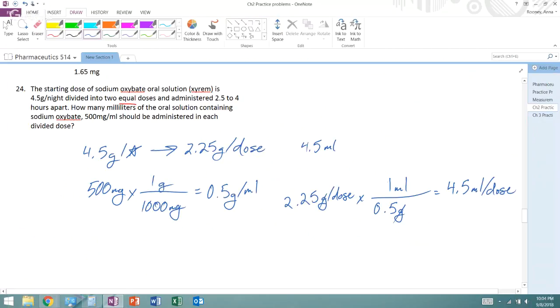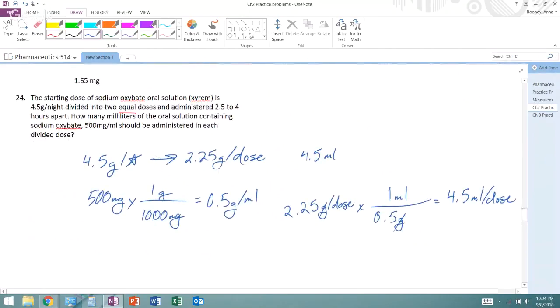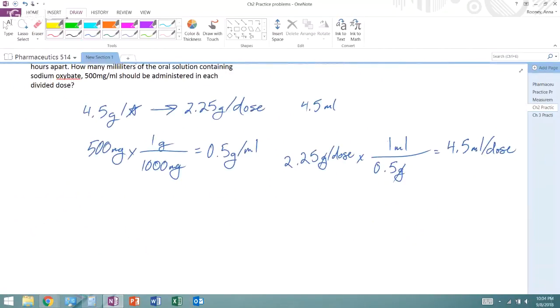So that person is getting 9 milliliters total, but they're asking per dose. So got that right. Oh, let me highlight that.